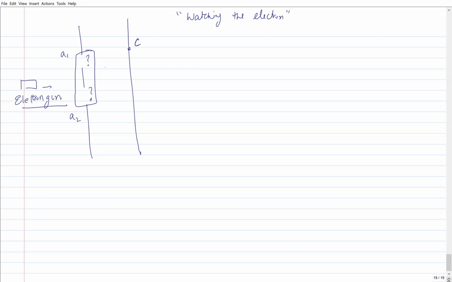So what I do is that I have a beam of light, and as soon as the electron is going to pass through either of the slits, there is going to be a flash. My light photons are going to hit the electron, and there is going to be a flash of light. This is a light source.